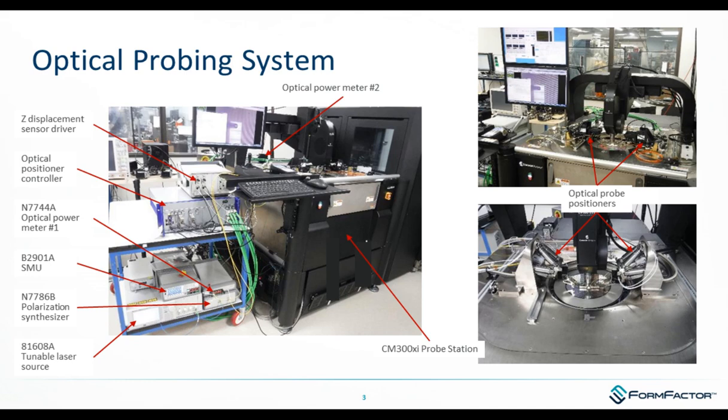On top of the cart there, you see the optical positioner controller, and this is one of the 2 types that we have, along with the other power meter, which is a log compressed power meter for a wider dynamic range just for the alignment function. And then finally on the top of the stack is this Z displacement sensor driver that I have more to show in the next slide coming up.